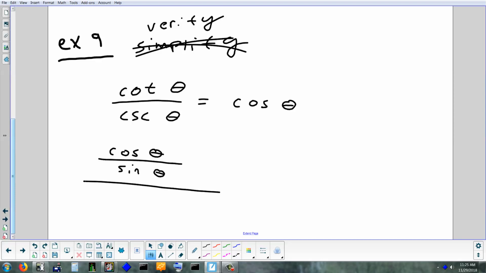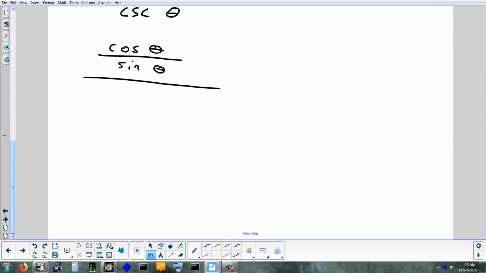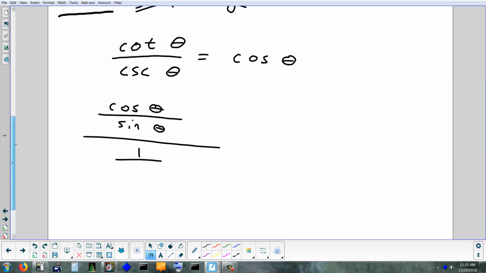All divided by, now it's cosecant, but I want to write that as sine and cosine. Blake? Isn't it just 1 over cosine? Nope, not 1 over cosine. Oh, secant, sorry. 1 over sine. So 1 over sine is the cosecant.